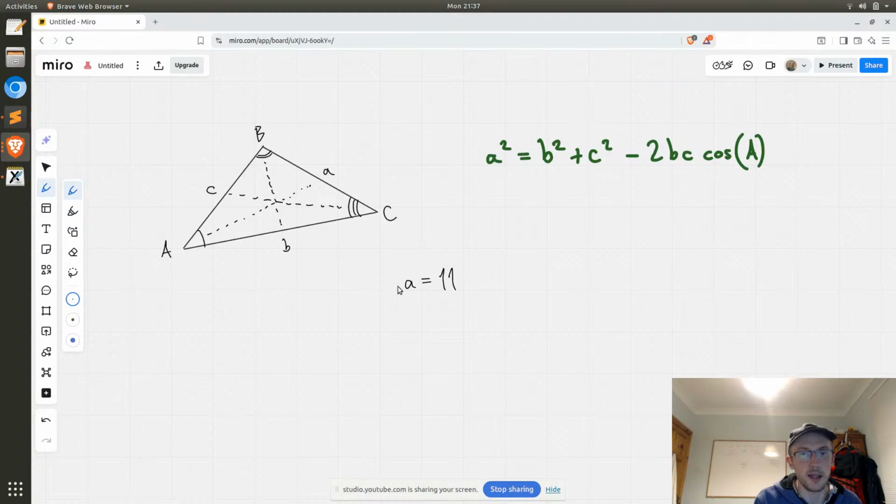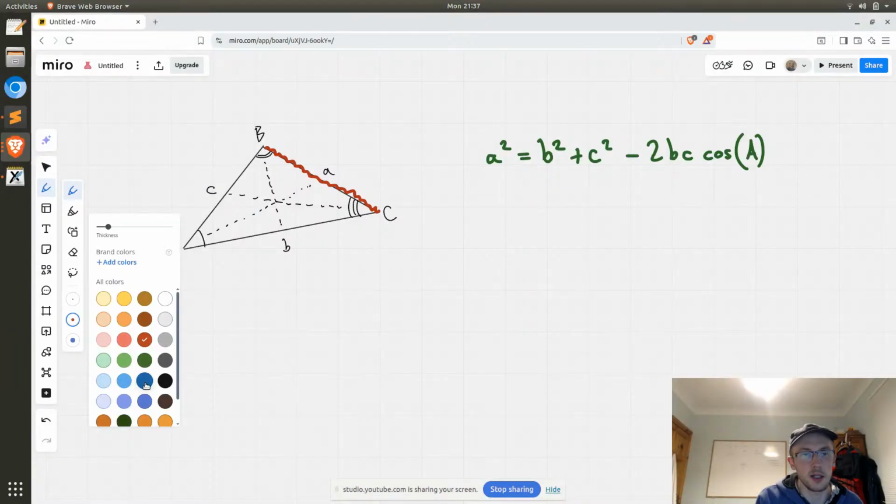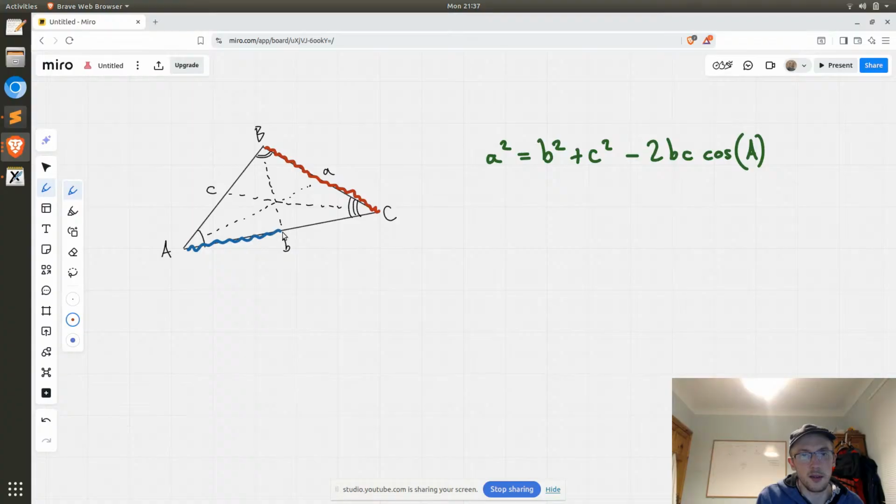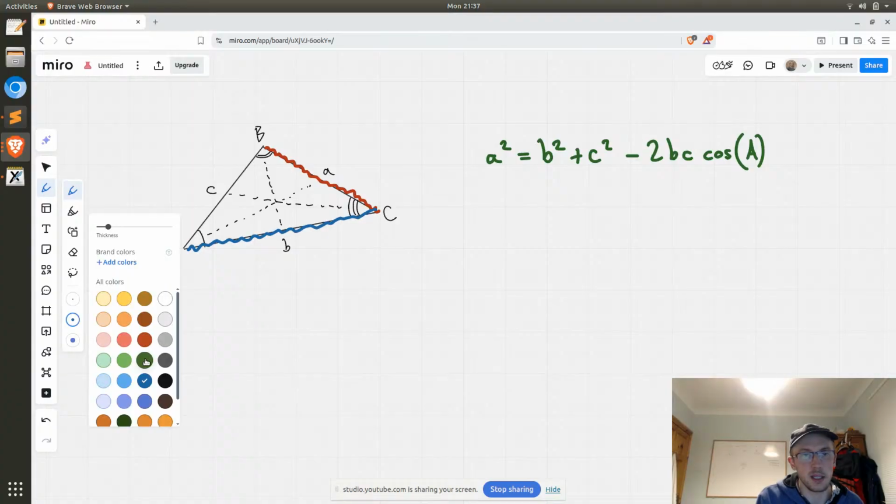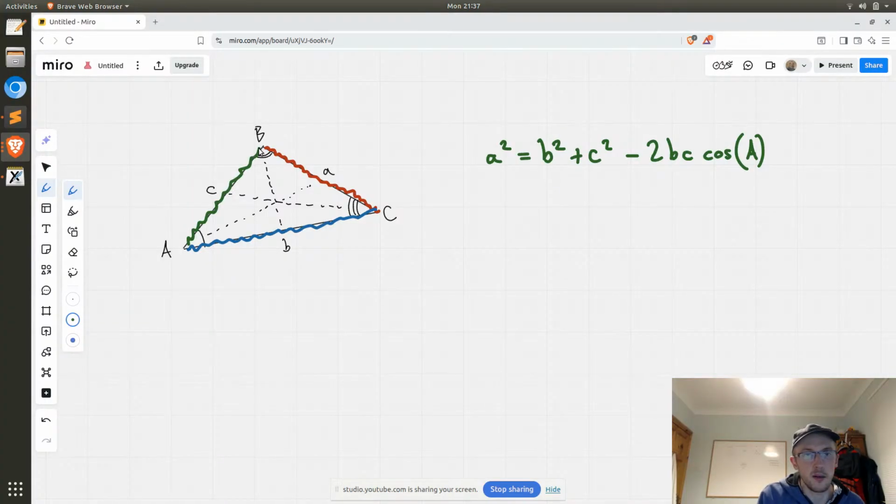I'm referring to the length of side A. Anyway, it's saying that the square of the length of this side is equal to the square of the length of this side plus the square of the length of this side, take away 2 times b times c times the cosine of the angle between them.